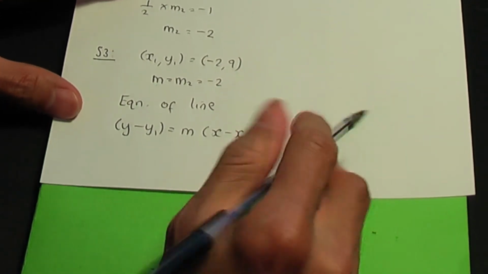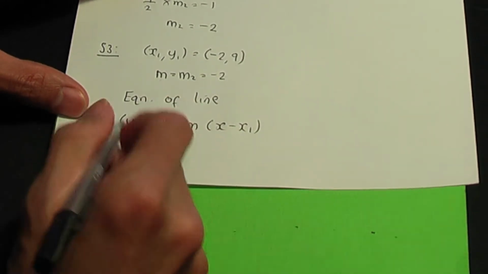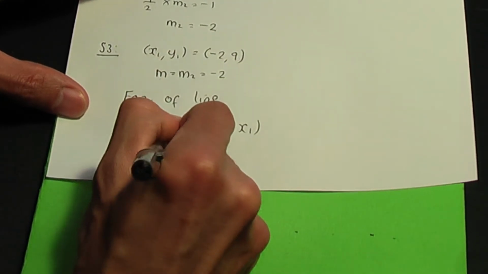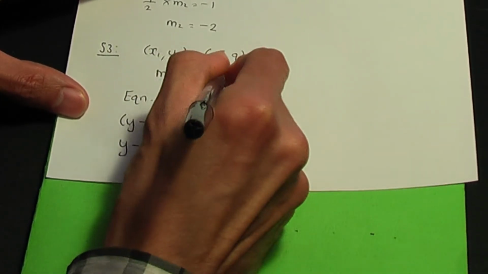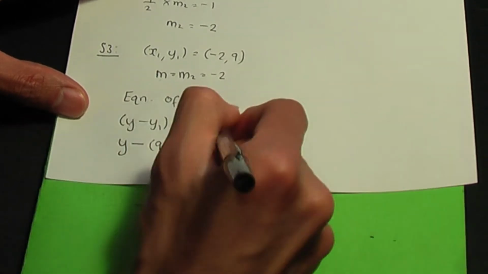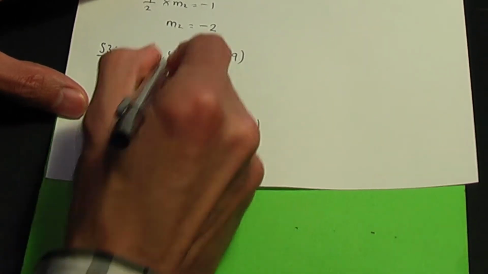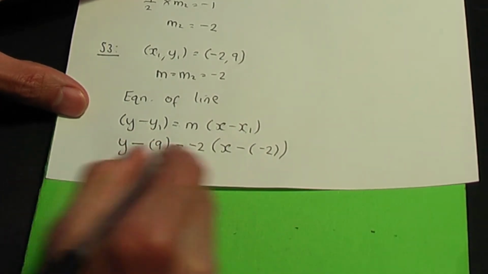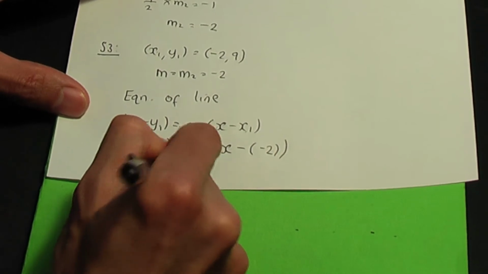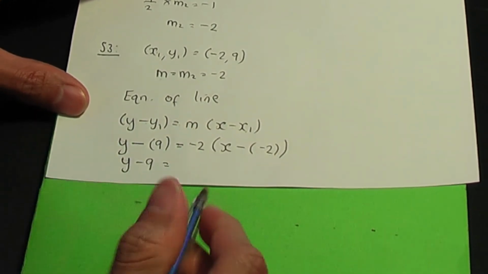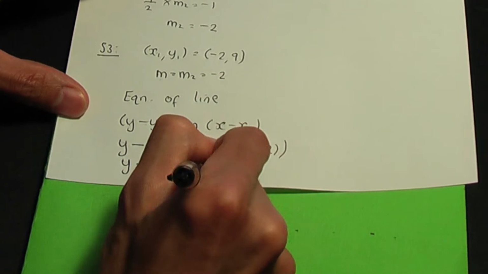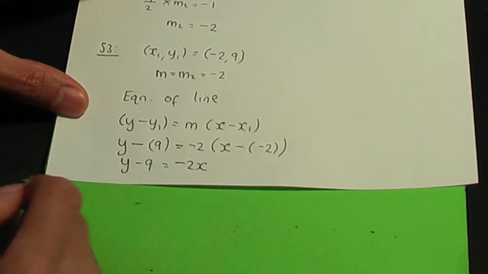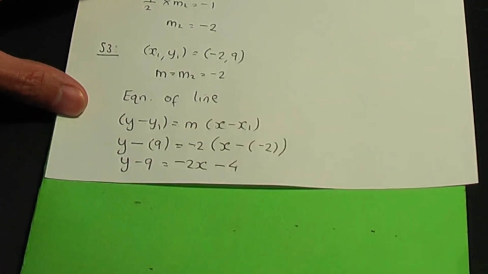Okay, so let's substitute in the data. We're going to have y minus y1, which is 9, equal to m, which is -2, into x minus x1, and x1 is -2. If I expand brackets, I have y minus 9 on the left hand side, -2 times x is -2x, and -2 into minus of a -2 is -4.